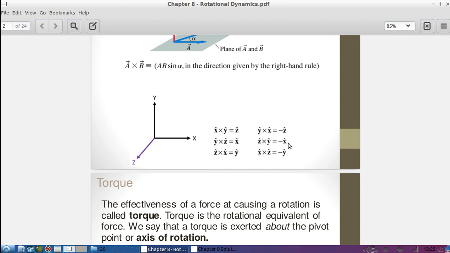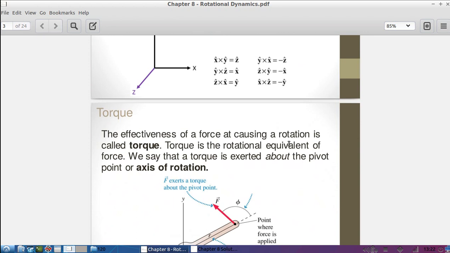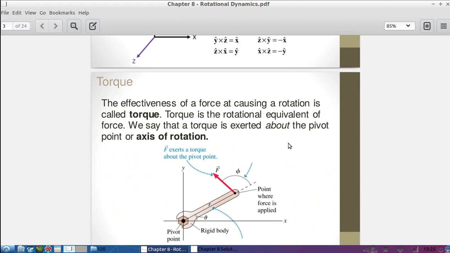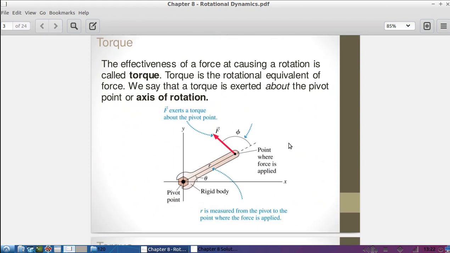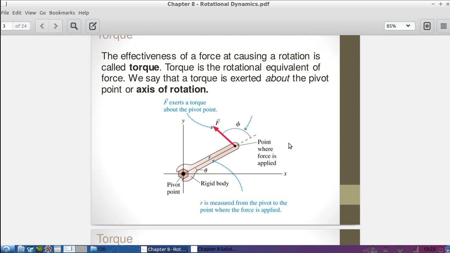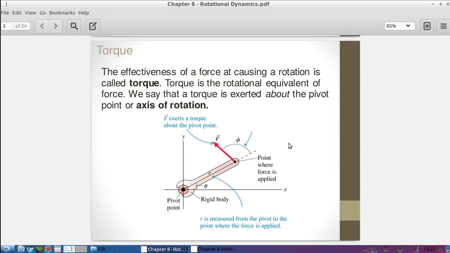Okay, so why do we need the cross product? We need the cross product because we have to define a new action that rotates an object. Okay, up until this point this should look familiar, right? If you're applying a force on an object, you know it's a vector and it'll cause some sort of acceleration, right?